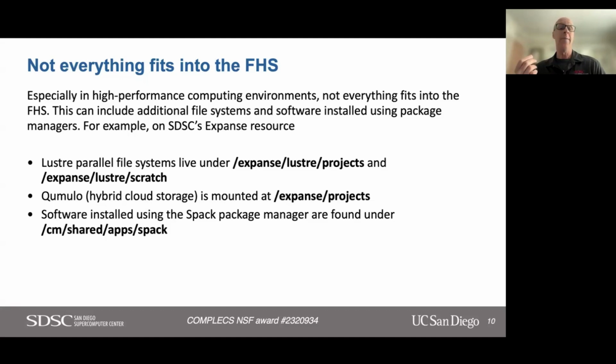We also have large parallel file systems that do not fit into the FHS. Examples that you might be familiar with are /expanse/lustre/projects and /expanse/lustre/scratch. And then finally, we provide hybrid cloud storage as a paid service for some projects, and this is going to be mounted at /expanse/projects.